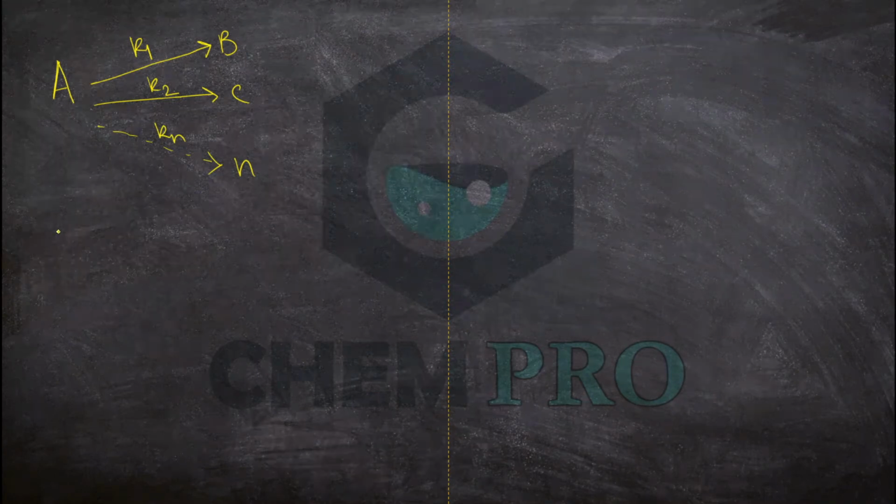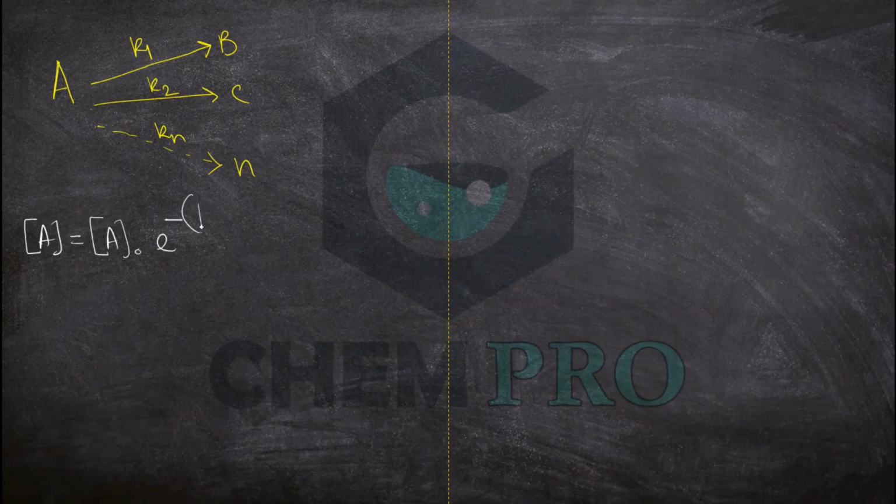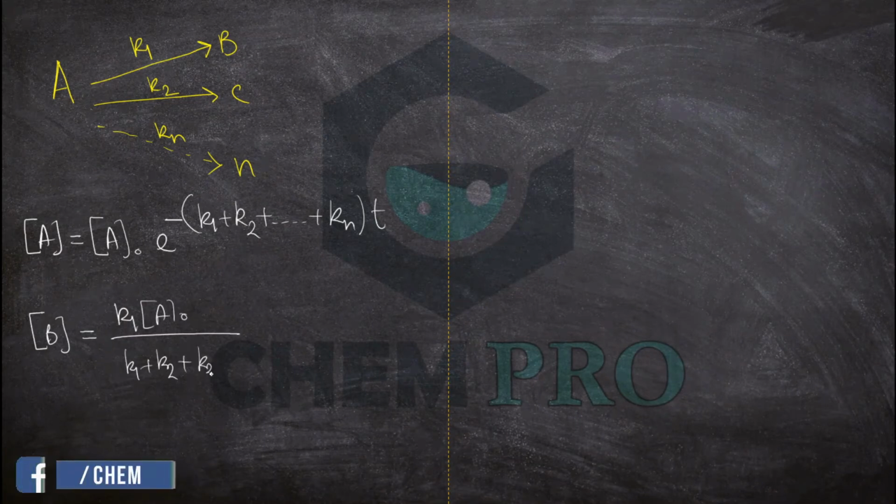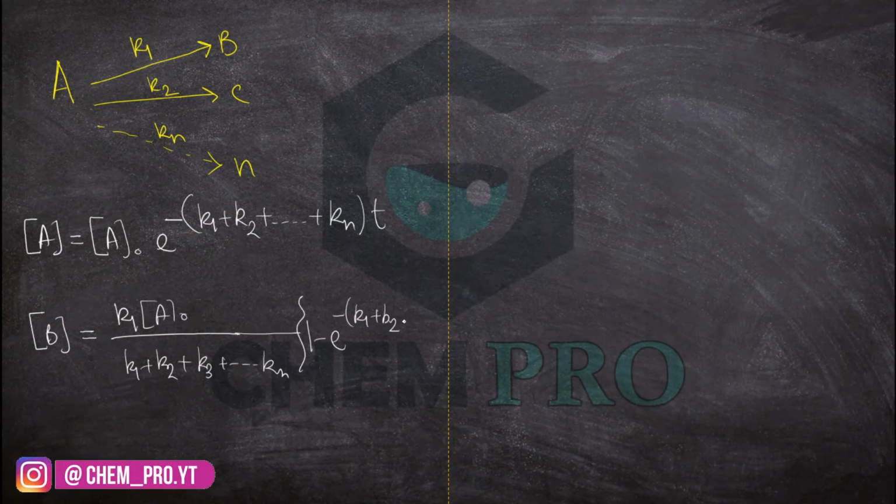For this the concentration of A will be A0 into e to the power minus K1 plus K2 plus dot dot dot up to Kn into T, and the concentration of B will be K1 A0 by K1 plus K2 plus K3 plus dot dot dot up to Kn, into 1 minus e to the power minus K1 plus K2 plus dot dot dot up to Kn into T.